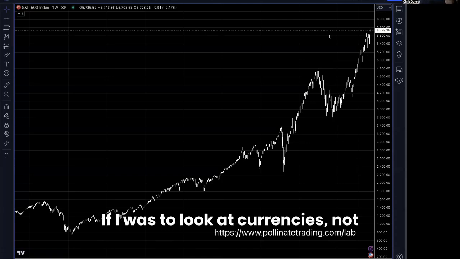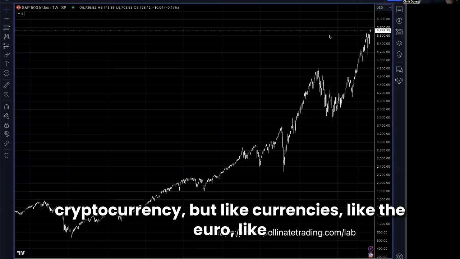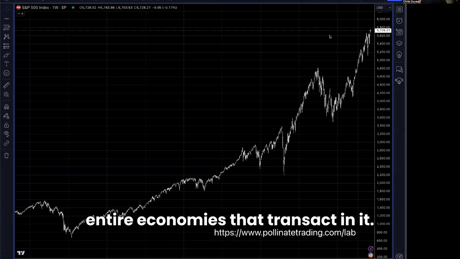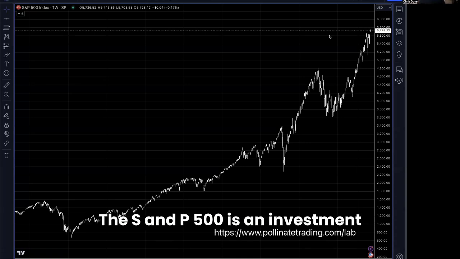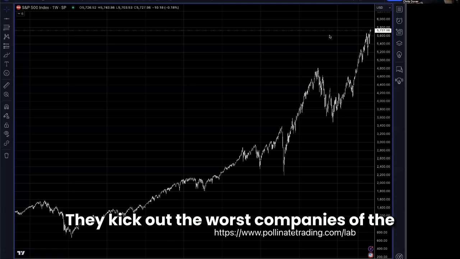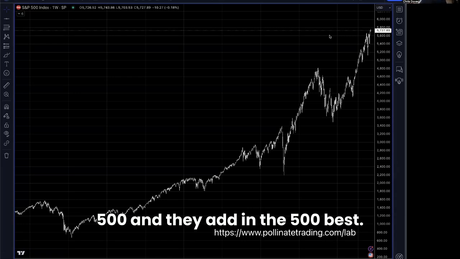If I was to look at currencies, not cryptocurrency, but currencies like the euro, like the yen, they behave differently because they have entire economies that transact in it. The S&P 500 is an investment in companies, and itself is a strategy, right? They kick out the worst companies of the 500, and they add in the best.